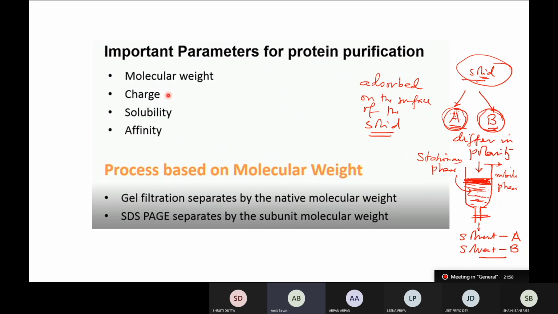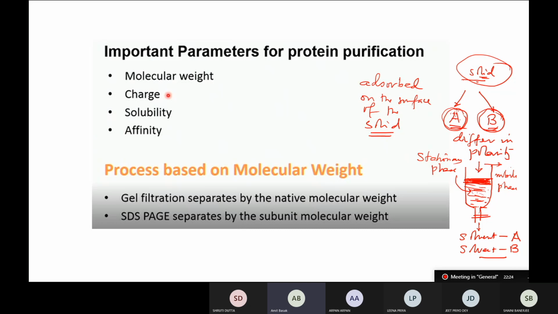And the solid, the packed solid bed, wants to retain A and B on its surface, or wants to have A and B adsorbed on the solid.